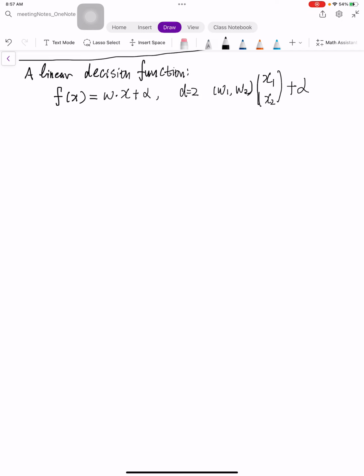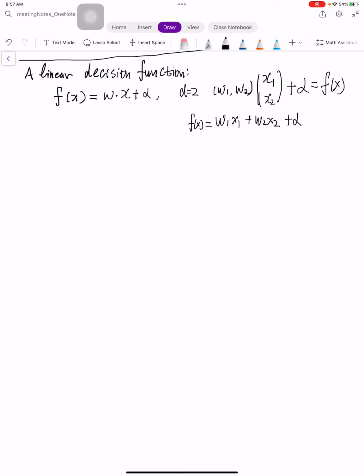So this will be your decision function. We can simplify this a little bit. So this is just w1 x1 plus w2 x2 plus alpha. So this is your linear decision function.